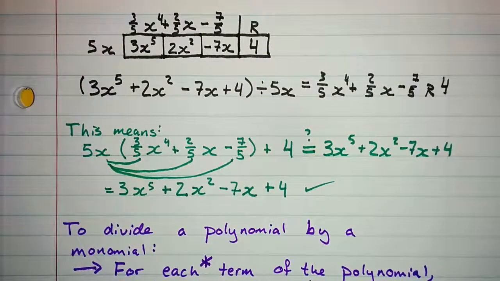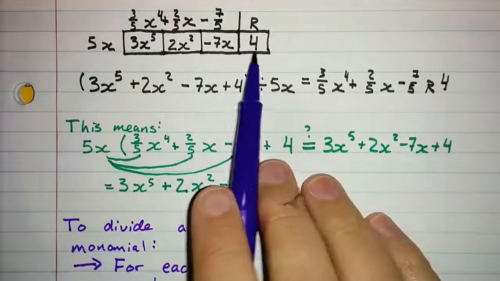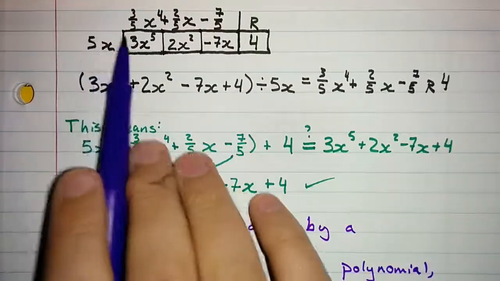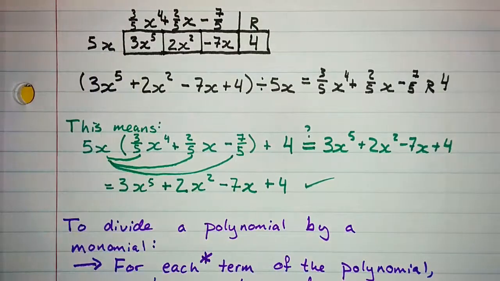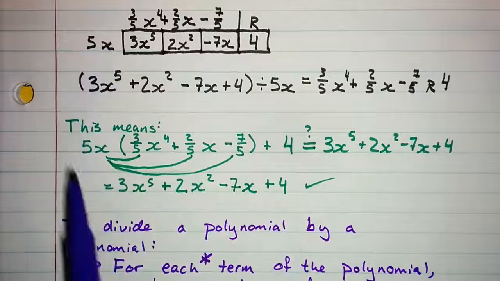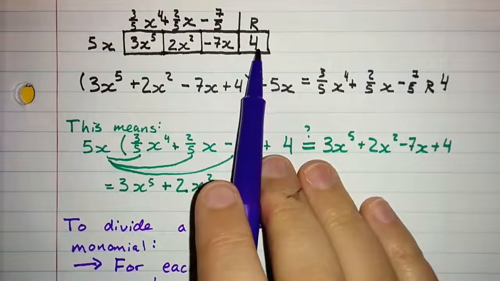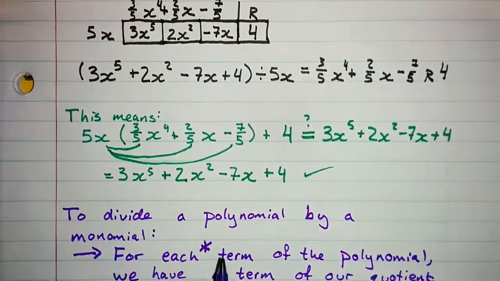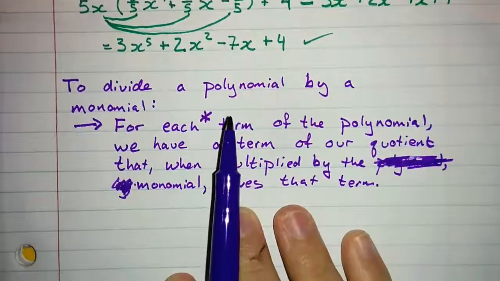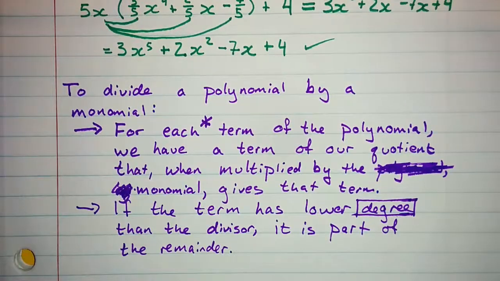Why couldn't we find anything for 4? Well, there's nothing we can multiply 5x by to get 4. Why? 5x times anything will have an x in it. The problem is that 4 is lower degree than 5x. Now, when we start bringing in extra variables, this gets a little bit complicated.